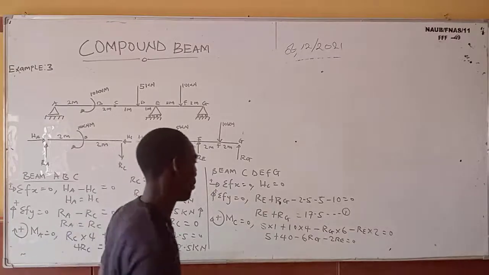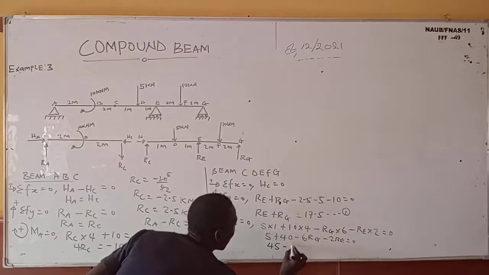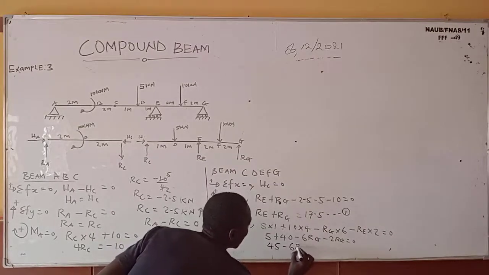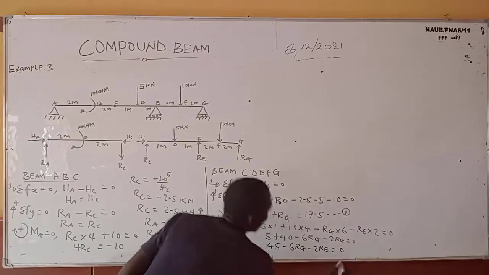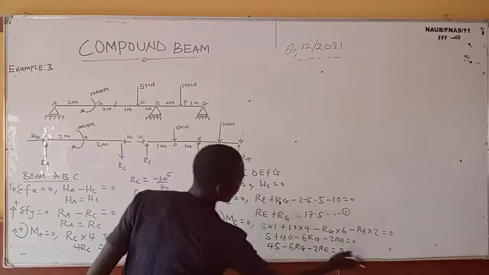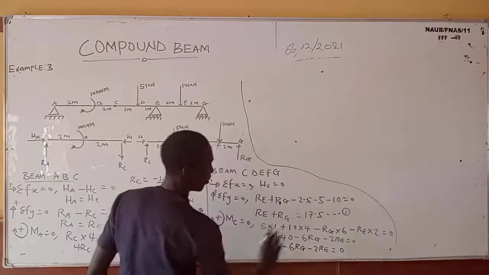45. So 45, it means that 45 minus 6 ROG minus 2 ROE equals to what? 0. If this 45 moves to this other place, it's going to change to what? Minus.